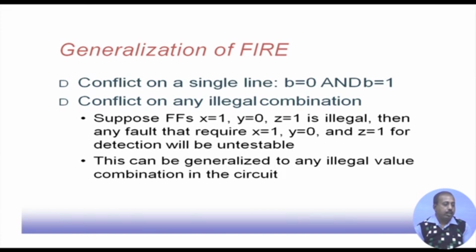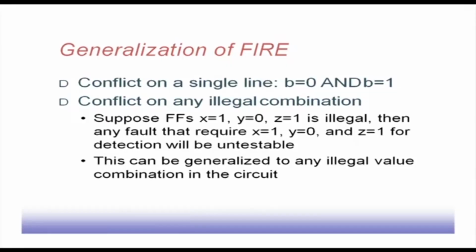Suppose I have 3 flip flops X, Y and Z. It may so happen that, in the operation of the application, X equal to 1, Y equal to 0 and Z equal to 1 is illegal. This can happen because X, Y, Z are flip flops, so a combination of them represents some state of the system that it models. Maybe some of the states of the system are illegal.